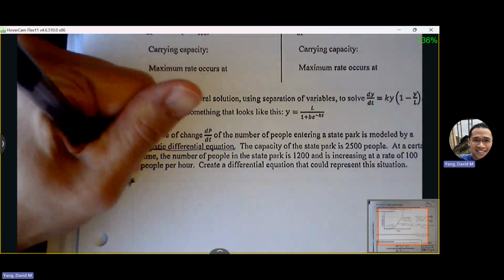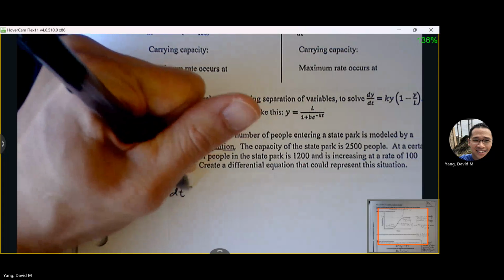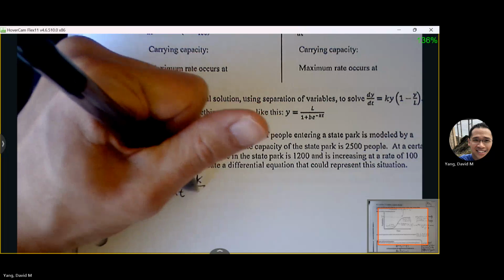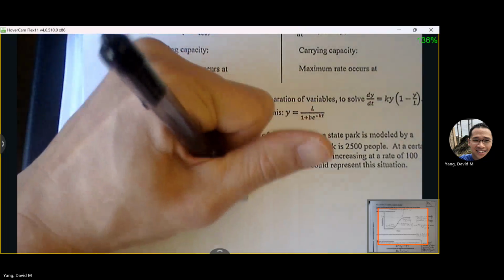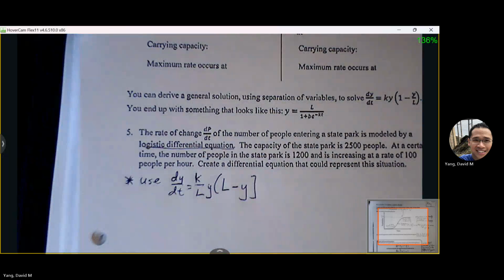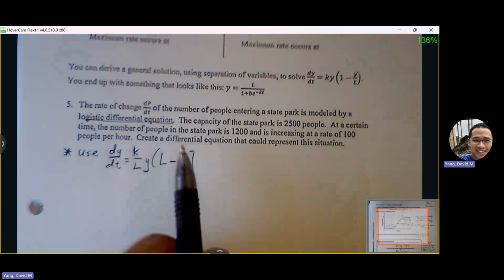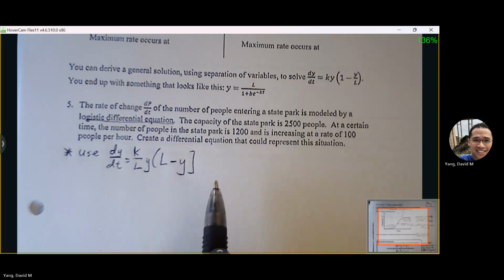So let's just use this equation here. Okay, so what information do we know? L, yeah.